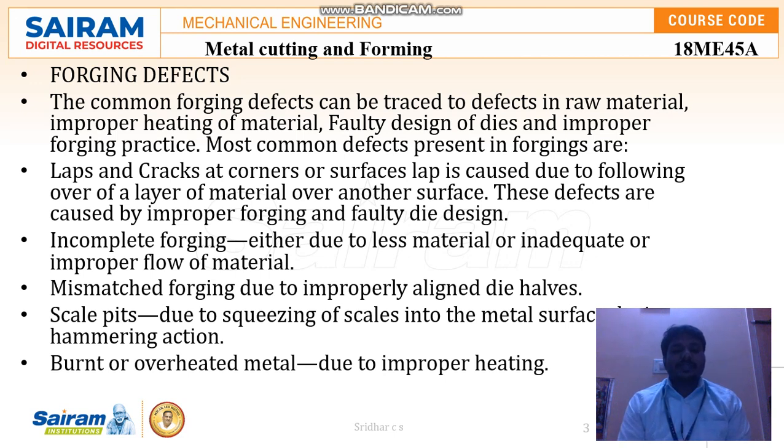These are some of the major reasons that may cause defects in forging. As we know, it mainly depends on the material, the die design, improper forging practice and other conditions. Because of this, forging defects occur.